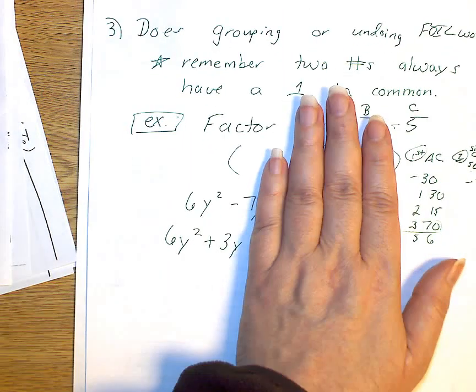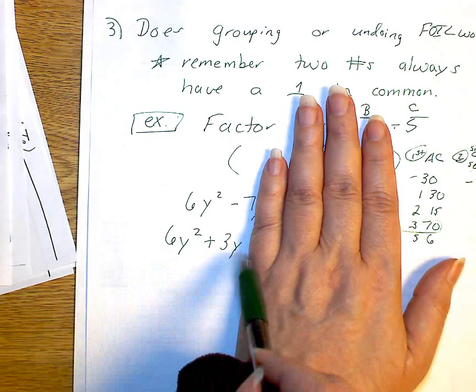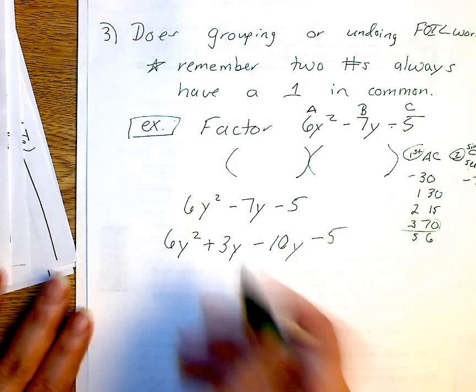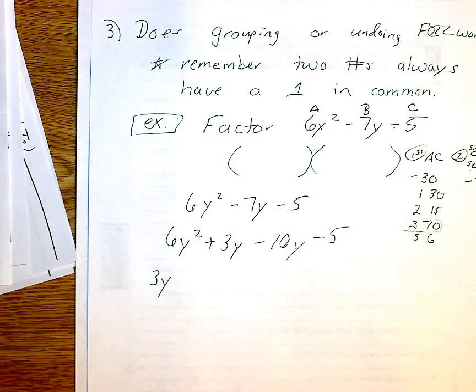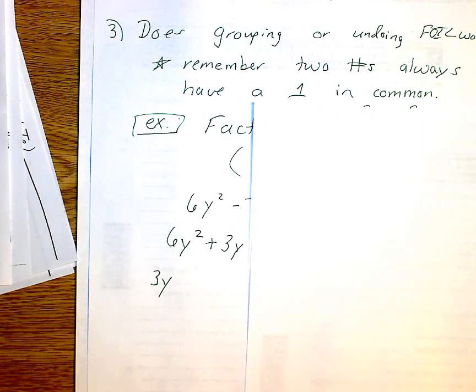Look at the first half and say, what do they have in common? 3y. I'm still not looking at that second half yet, so let me cover it up.